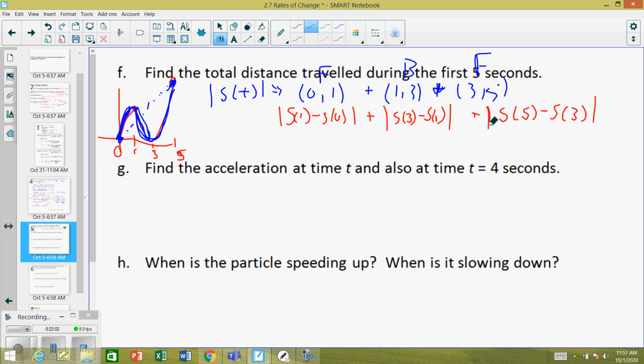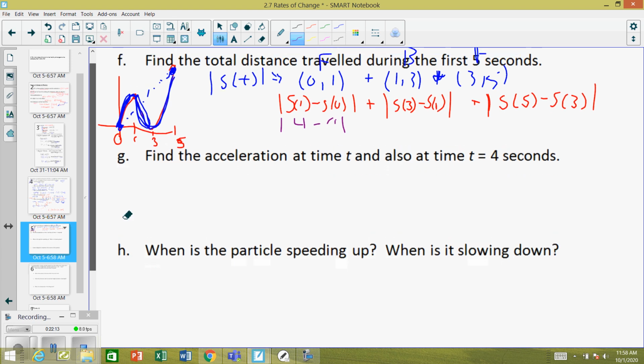Okay. So, what are my positions at these points? Let's see, S of 1 is 4, S of 0 is 0. S of 3 is also 0, and S of 1 we found to be 4. And plus S of 5 was pretty high up there.